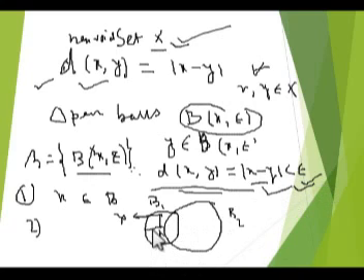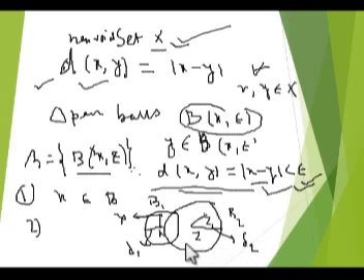Here I am taking delta 1. The same logic will work here as I have described. Again here we take the element z, and here I am taking the radius delta 2.